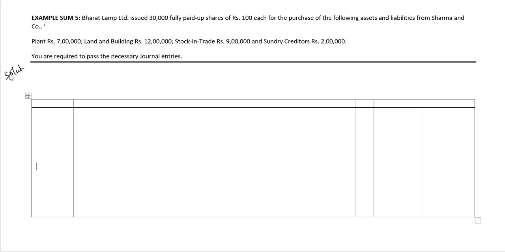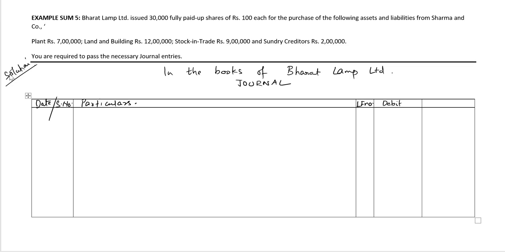Solution: in the books of Bharat Lamp Limited Journal, we have date/serial number, particulars, LF number, debit rupees and credit rupees.